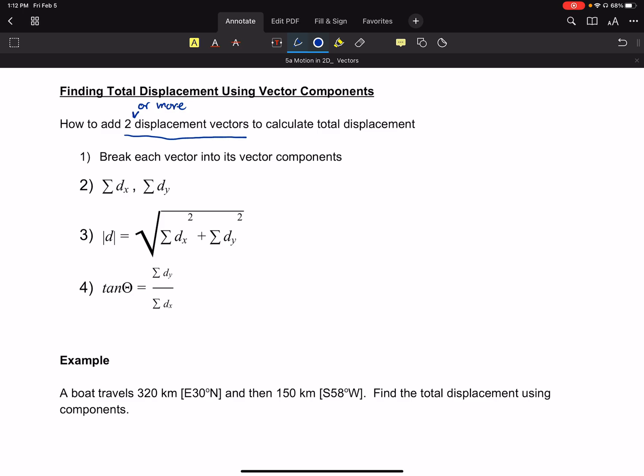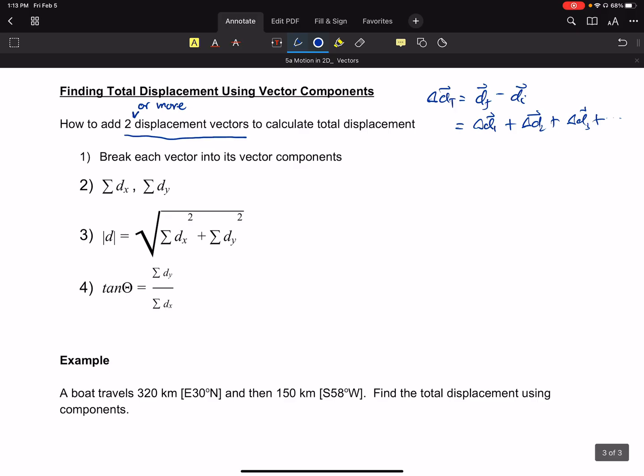This becomes really useful when you have two or more displacement vectors to calculate your total displacement. Because remember, displacement is your final position minus your initial position, or it's equal to your first displacement plus your second displacement plus your third displacement, and so on and so forth. All those are vectors when you're adding those displacements.